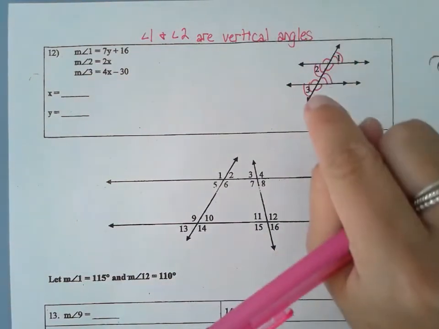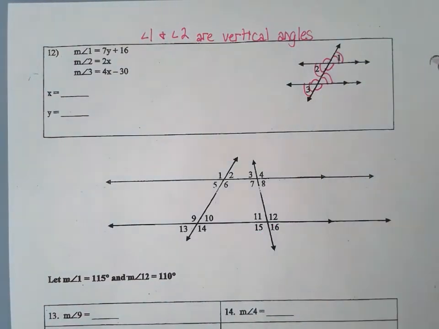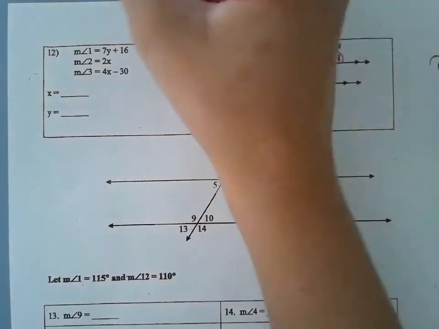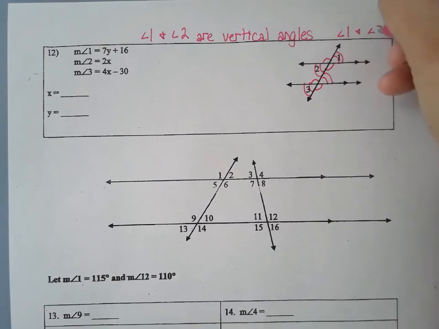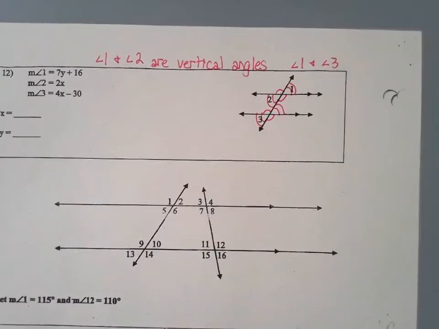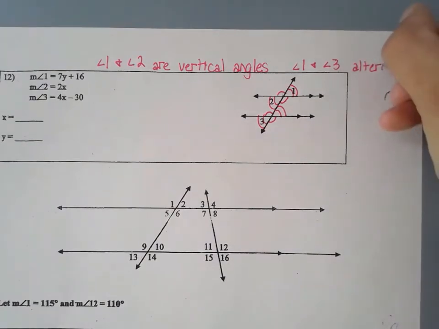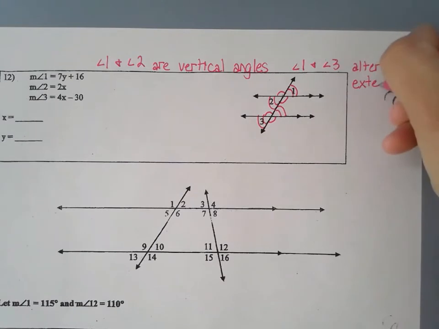And then angle 1 and angle 3 are alternate exterior angles.